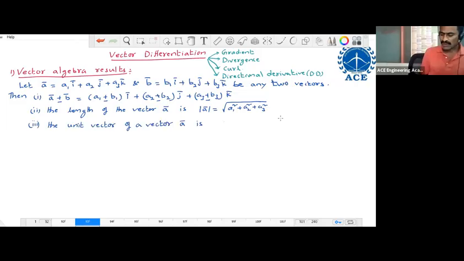In general, for a unit vector we use the notation A bar cap for vector A bar. But throughout our vector calculus, instead of this notation, I use the notation n bar for a unit vector. So throughout our vector calculus, we write the notation for a unit vector as n bar instead of A bar cap.